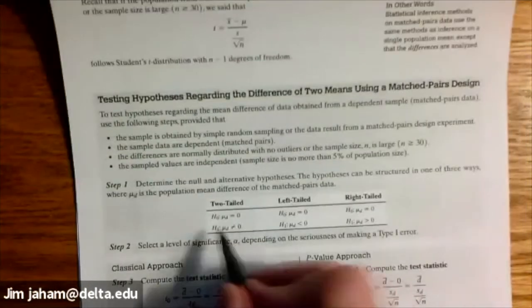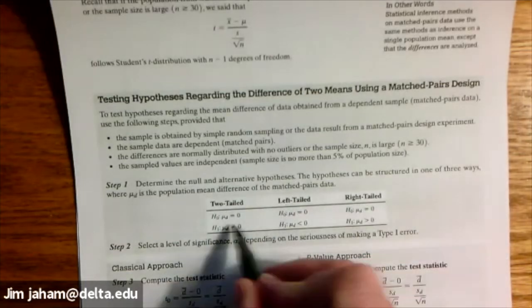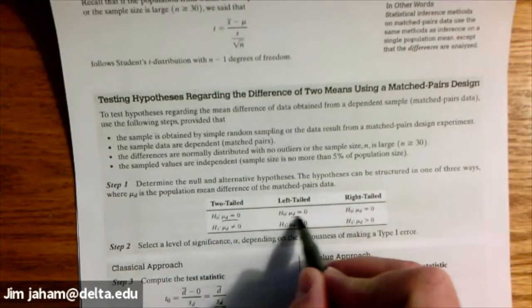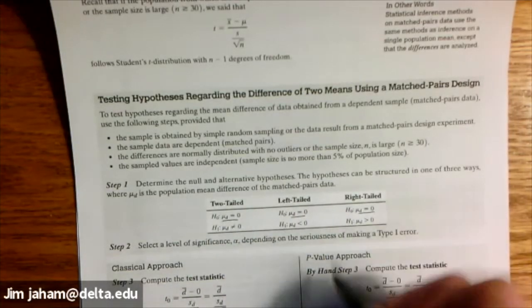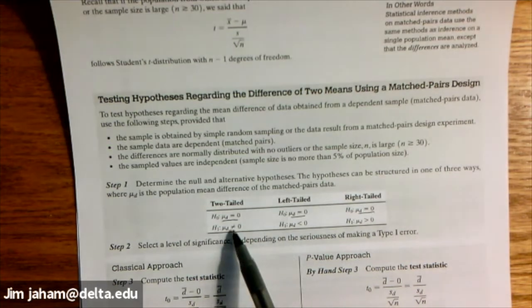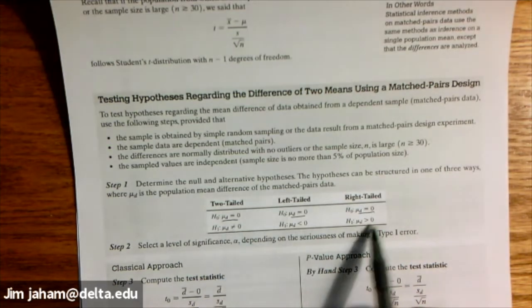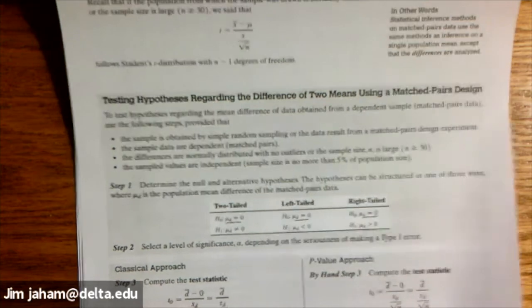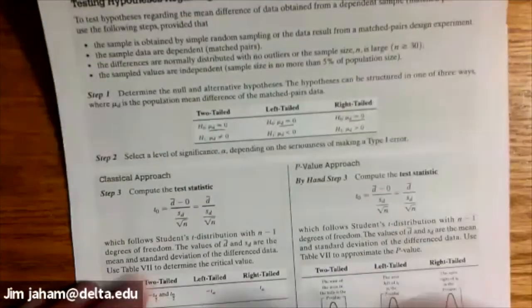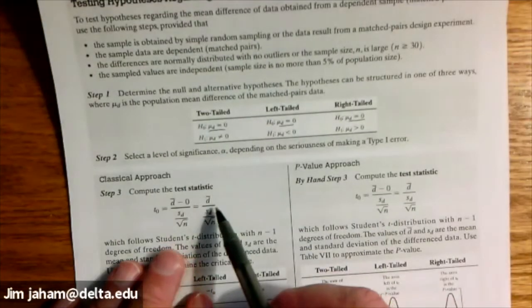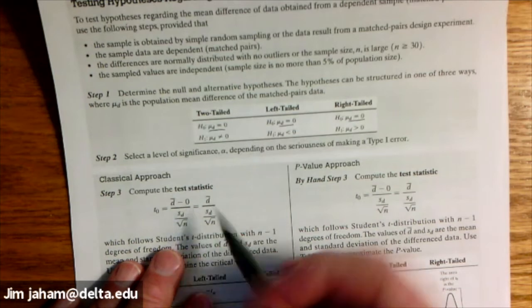Here you can see that for a two-tailed, left-tailed, or right-tailed test, the null hypothesis is always the same. The only difference is the sign that goes in the middle of the alternative: not equal to, less than, or greater than. Here is the test statistic.